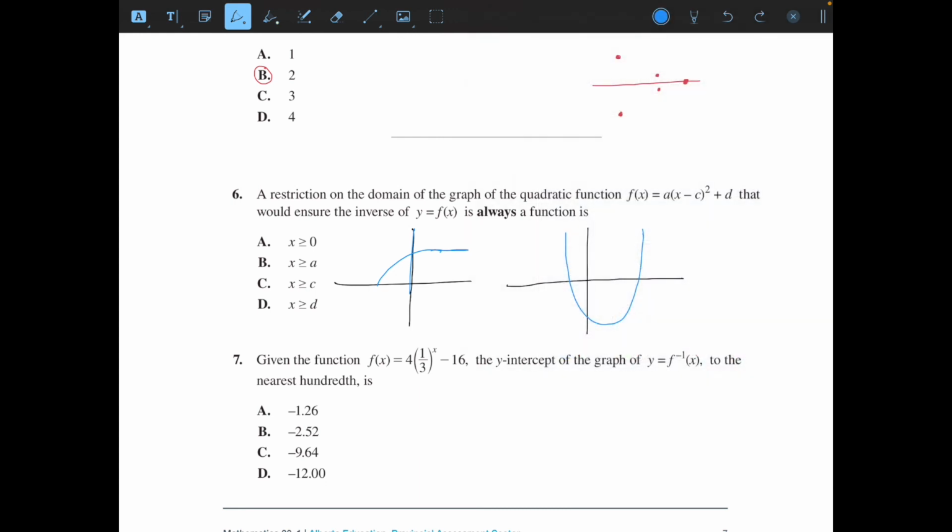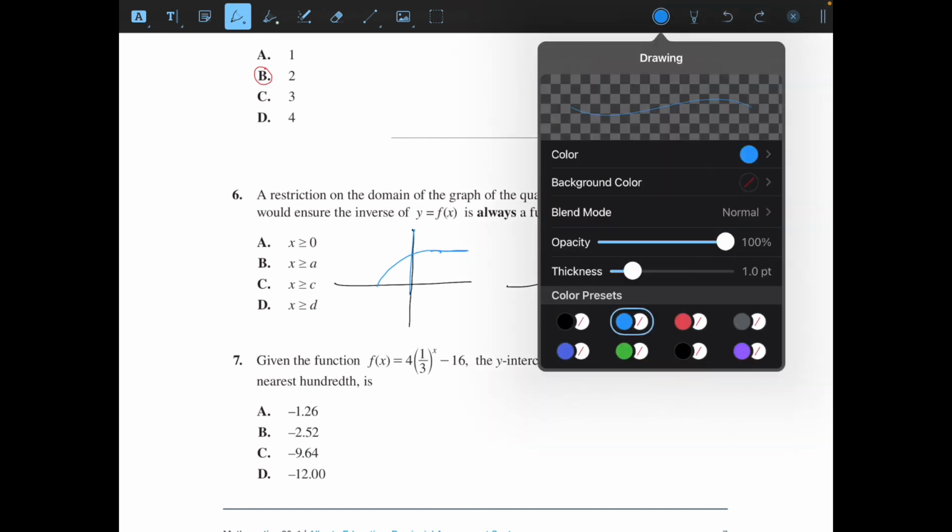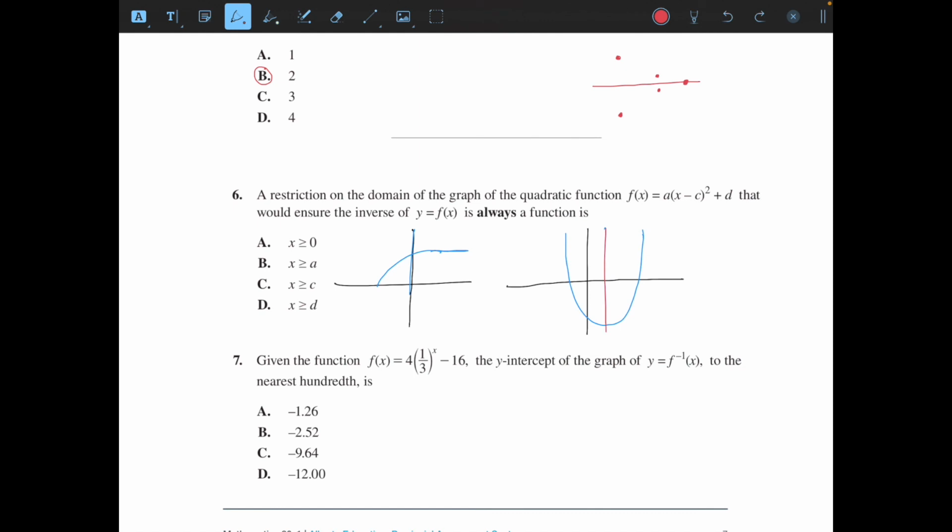So we need to split off the bottom half of the inverse, or the left or even right half of the parabola. And what are the options that it gives us? So it gives us x is greater than 0. So that would be like right there. That doesn't matter. It doesn't matter if it's x is greater than 0 or less than 0.